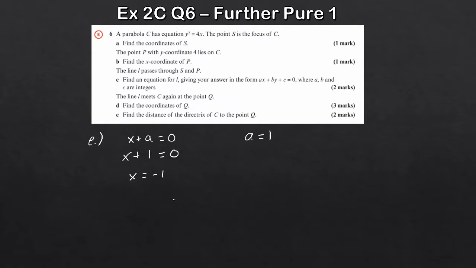To give a better idea of what we're actually looking for here, let's draw a quick sketch. We'll ignore the bad artwork. So we've got this line here, x equals minus 1. So that's going to be this line here.